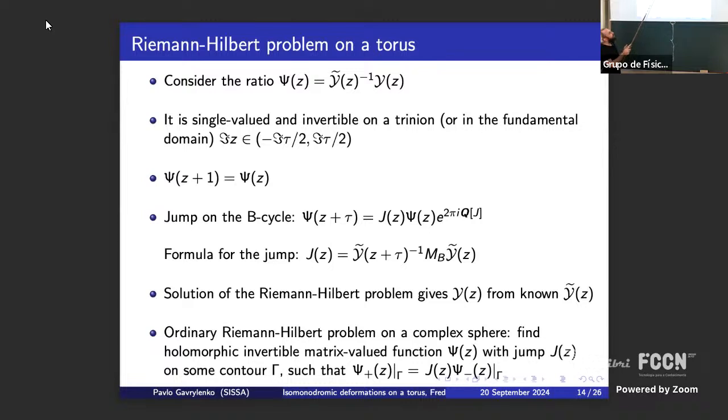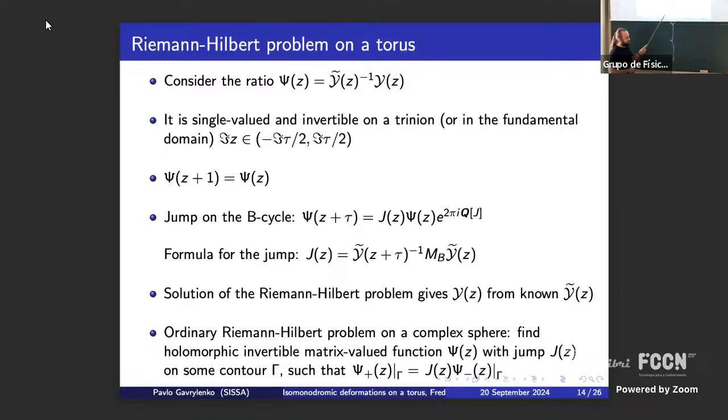Since we have this explicit formula, we know how this y and y tilde are transformed. We can say that it is just periodic in one direction. And in the other direction, we should multiply, first, by this non-trivial matrix describing a complex modulus of the vector bundle, and second, by some jump matrix.